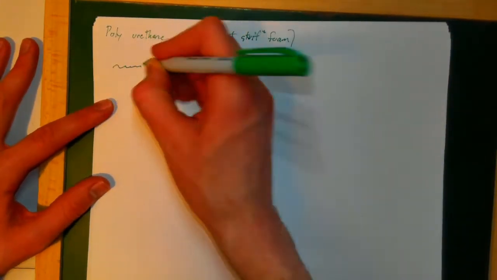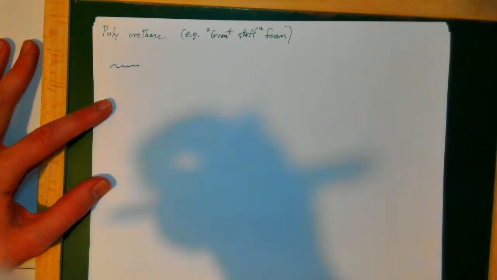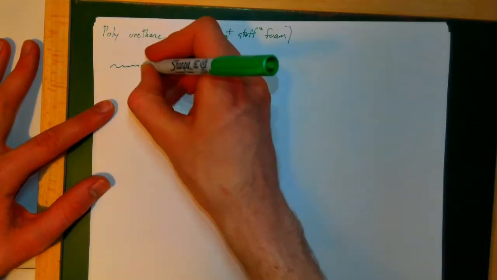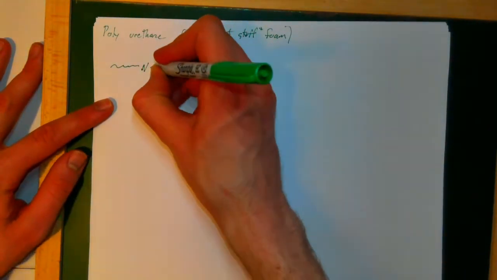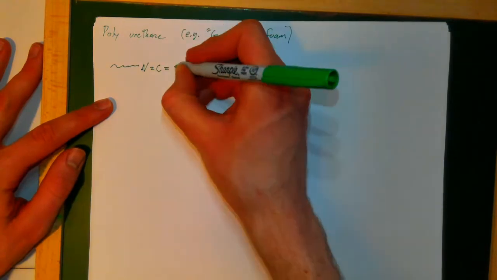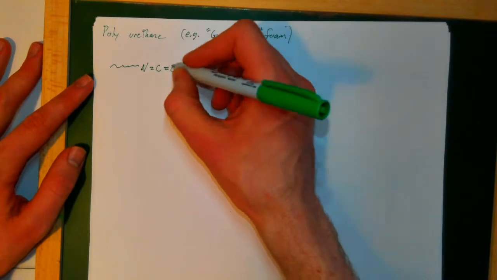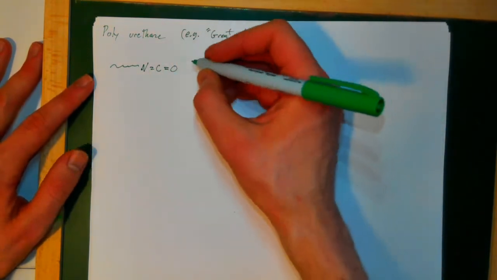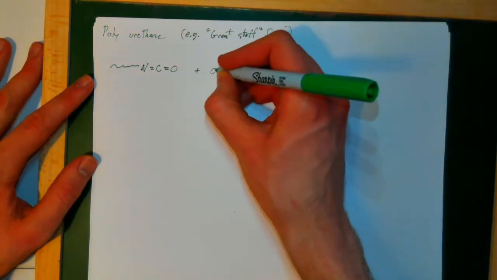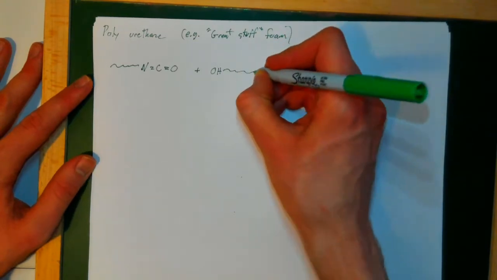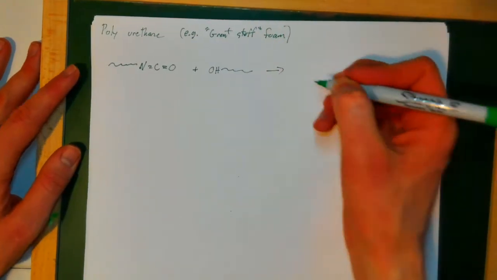So you basically have some group that looks like this, and then there's an N double bonded to a C, and that C is also double bonded to an O. And this somewhat bizarre molecular motif right here reacts with an alcohol group to form the following bond.